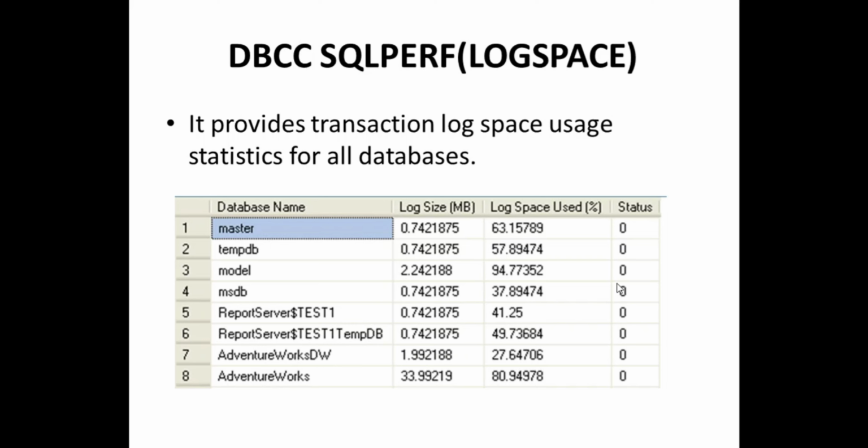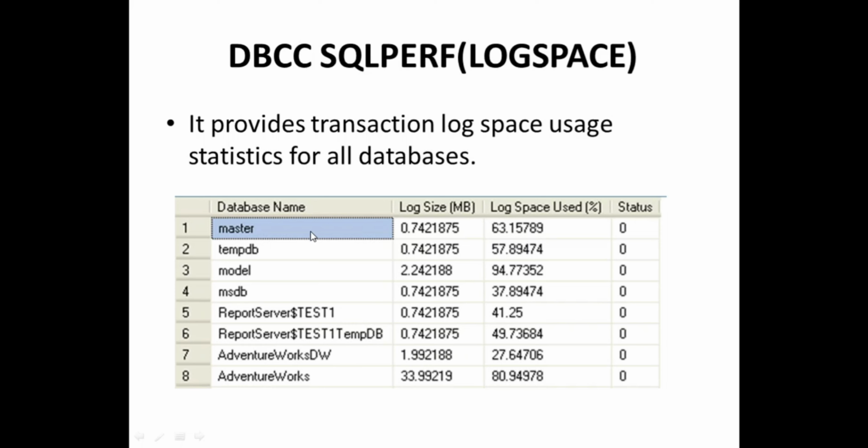As shown inside this table, whenever you run this command, it provides you a couple of columns which are very easy to understand. The first column is the database name, then the log size of that database, and then the log space used percentage.